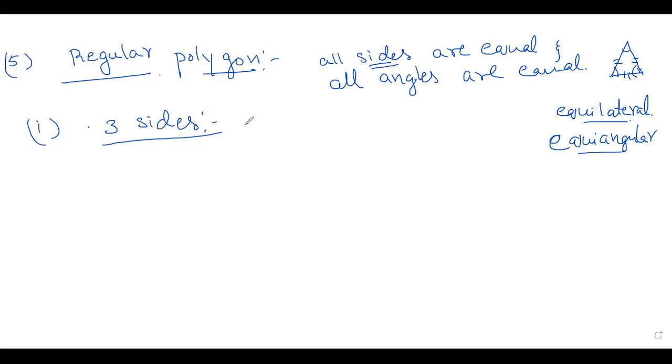Three sides equal is the equilateral triangle. And 3 angles equal is the equiangular. And second one, 4 sides are equal.